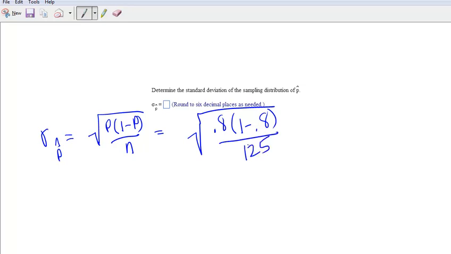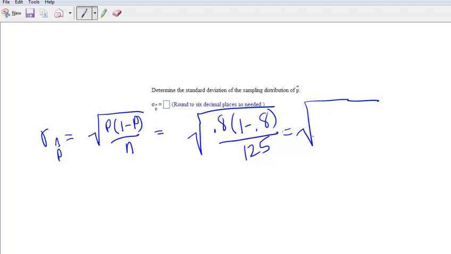So I simplify this, and for the top, 0.8 times 0.2, I get 0.16 and divide it by 125, and I still have to take the square root of this.